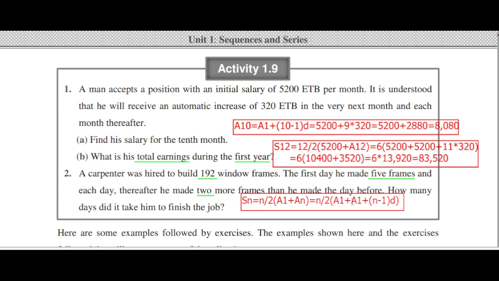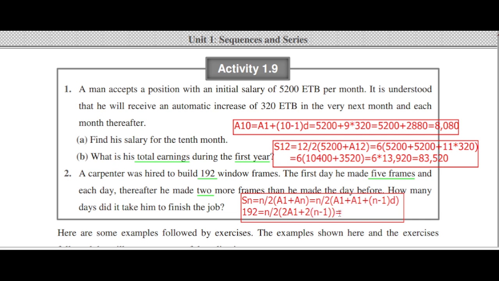So Sn we have given here, Sn is 192, which is equal to, we don't know n, so we need to find the n value. So let's put it as it is: n over 2 times twice a1 plus n minus 1 times d. What is d? d is 2.